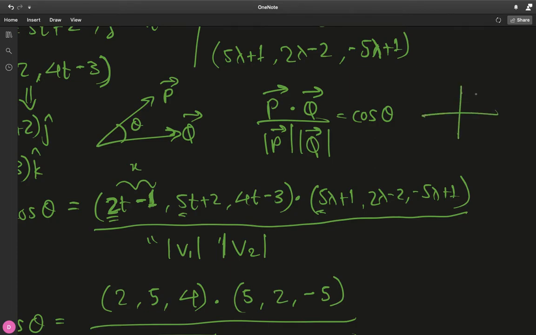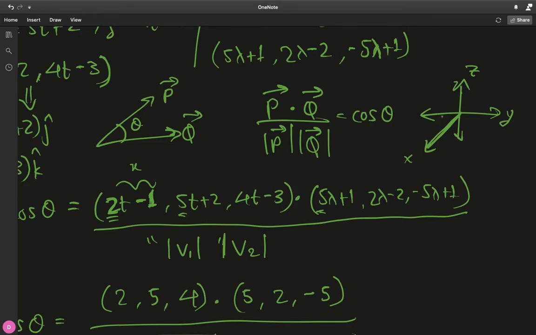It's hard to draw this in three-dimensional space, representing that on paper. If you call this the z-axis, probably call this x, call this y.